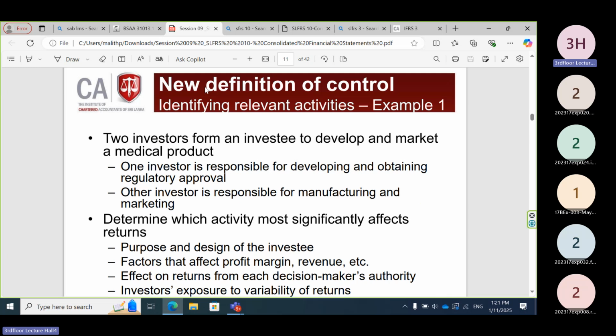After starting, the second will impact the variable return. So then, the most relevant activity is the second one. It's very judgmental. But you need to face the substance. Right?